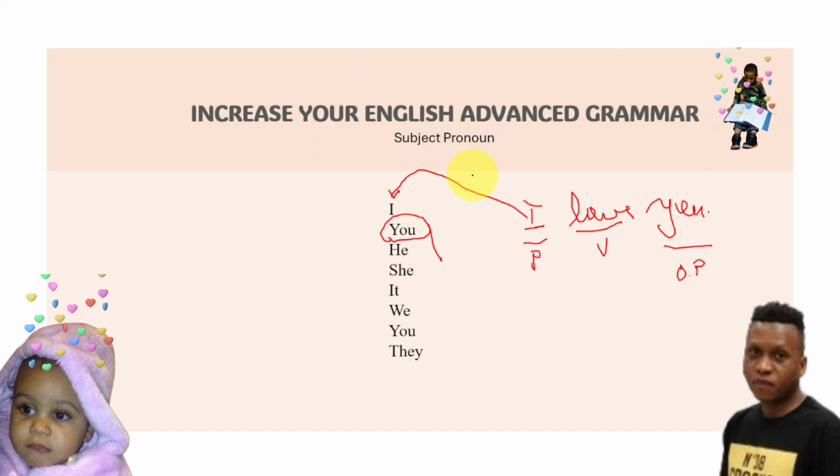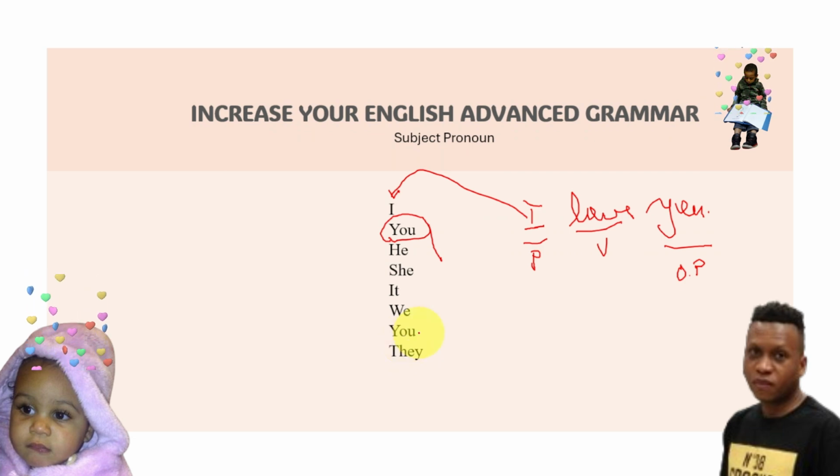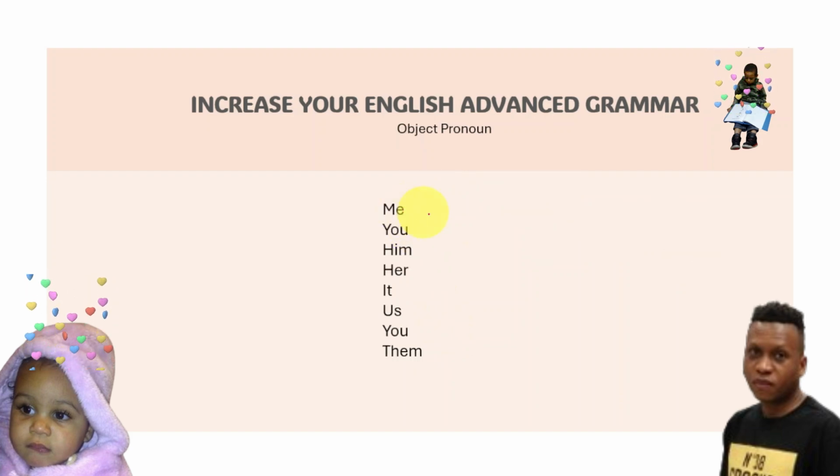Okay. We come here. Object pronoun. Me, you, him, her, it, us, you, them. So if I go back a little bit here, in case you say, how come there are two of them? This one is a plural form. This one is a singular. Okay? So, me.